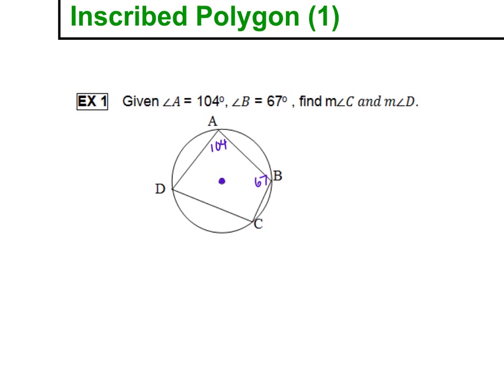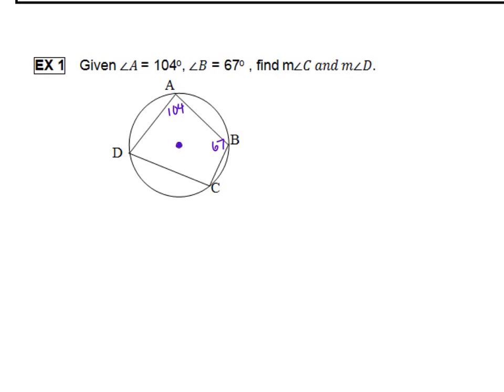So basically we're going to use that first theorem that said that opposite angles of a quadrilateral will be supplementary if the quadrilateral is inscribed in the circle. So this one is inscribed, and what that means is angle A plus angle C is going to equal 180 degrees because A and C are opposite.